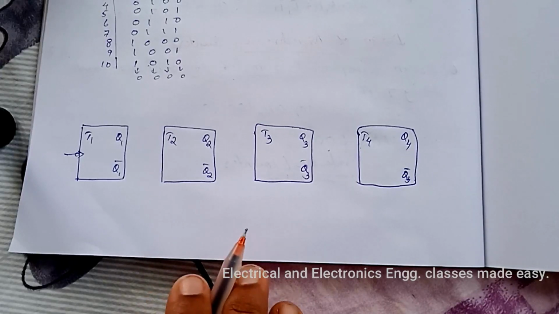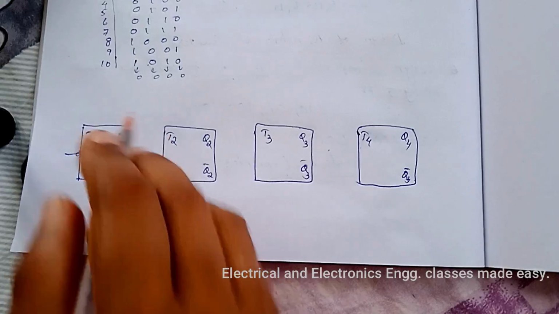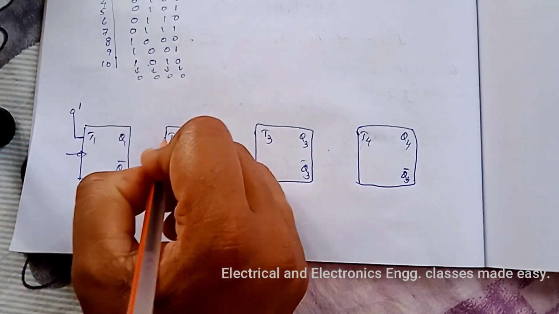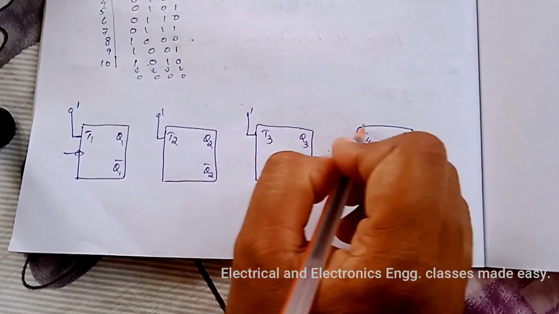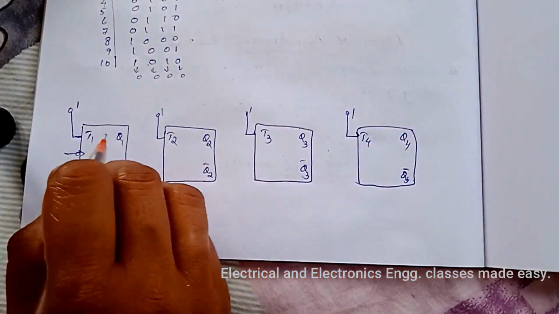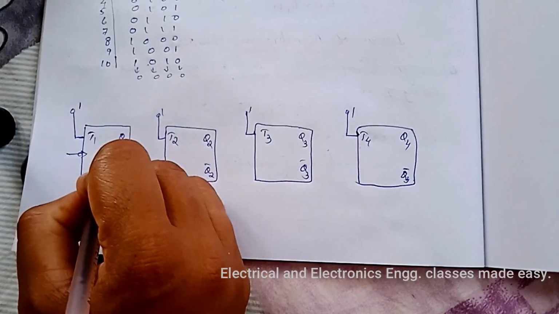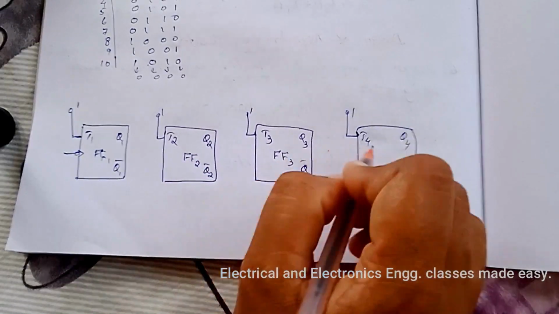Now let us draw the logic diagram. So this is again the T flip-flop. The T input should be in toggle mode, that is 1. Now this is a negative edge triggered flip-flop. So there are 4 flip-flops.